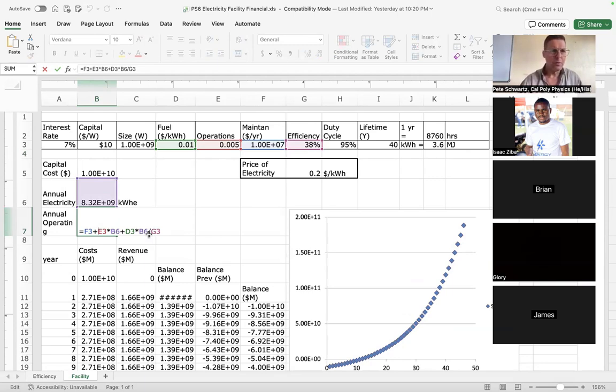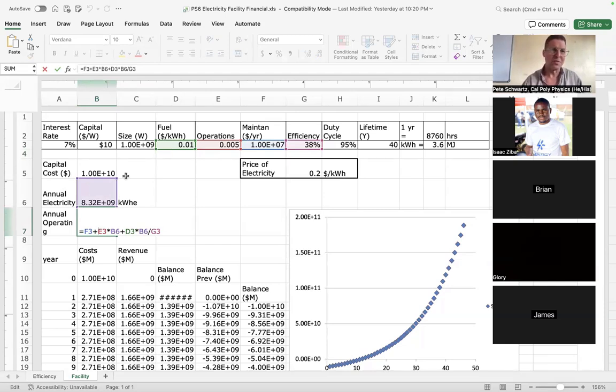And so the total operating cost is, let's see, F3 is your maintenance to keep the place running, plus operations. We'll get back to operations. Operation times B6, which is the amount of money that you put up to build it in the first place, plus D3, which is the amount of fuel that you have to pay, right?